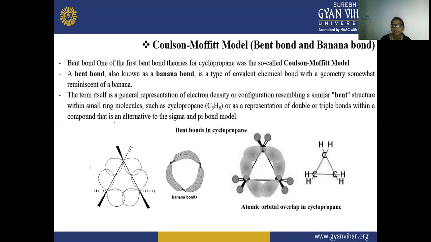It is an alternative to the sigma and pi bond model. So these are the atomic orbital overlaps in cyclopropane, and this is showing the banana bond, the bent bond in cyclopropane.